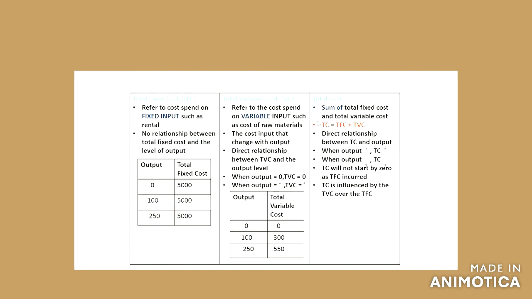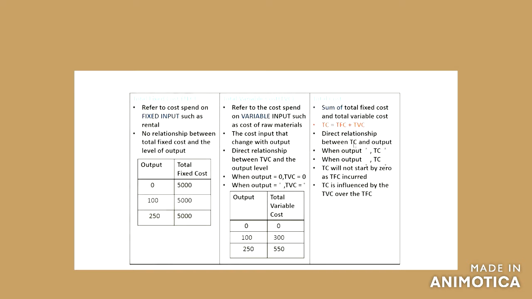So next is total cost. The total cost is the sum of total fixed cost and total variable cost. So the formula to get total cost is that the total fixed cost must be added to the total variable cost. So there is a direct relationship between total cost and output.